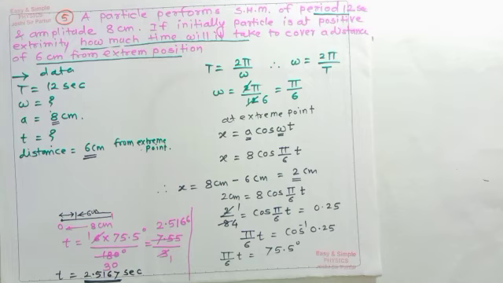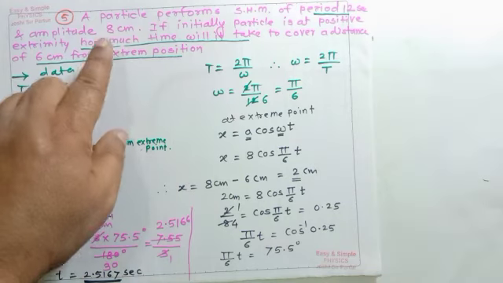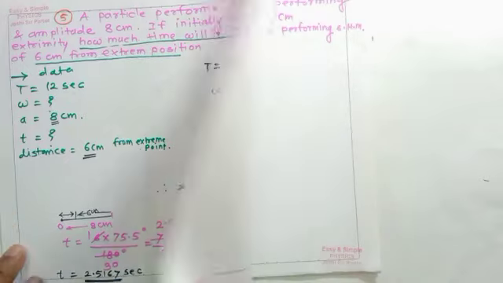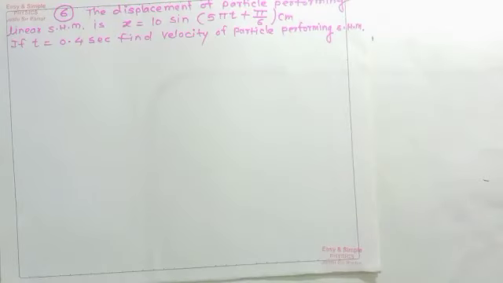So in this example number 5, we can understand the particle covers a distance of 6 cm from extreme position and the maximum displacement is 8 cm. Again we can solve another example.